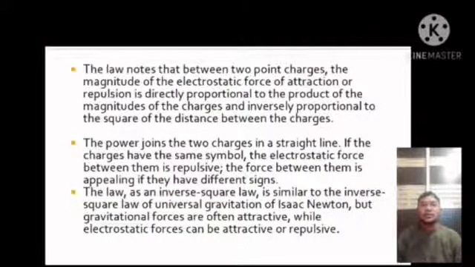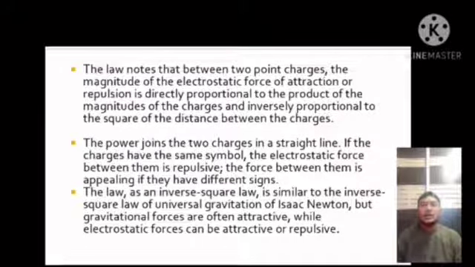The law notes that between two point charges, the magnitude of the electrostatic force of attraction or repulsion is directly proportional to the product of the magnitude of the charges and inversely proportional to the square of the distance between the charges. The force joins the two charges in a straight line. If the charges have the same sign, the electrostatic force between them is repulsive. The force between them is attractive if they have different signs.